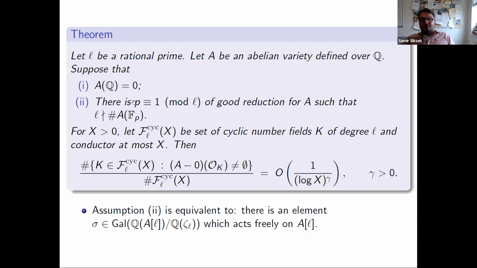If you take a prime p that does this, then its Frobenius element will belong here and will act freely on A[L]. As soon as you've established that a conjugacy class in a Galois group is non-empty, there's a positive density of primes, by Chebotarev, that hit that conjugacy class. So you obtain a positive density of primes p that do precisely this.